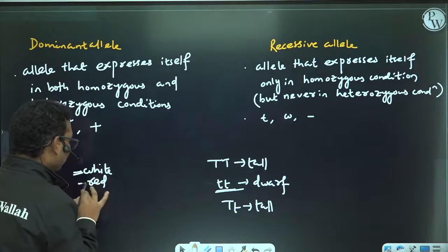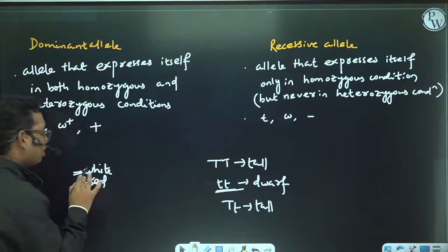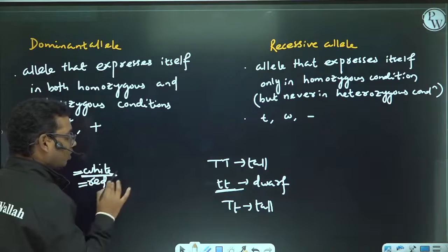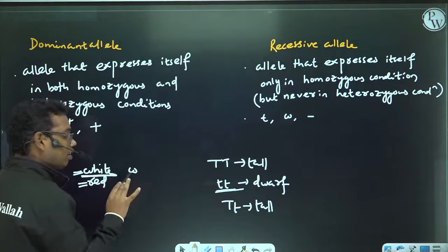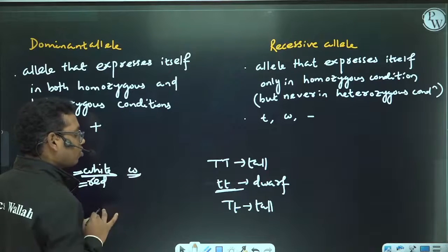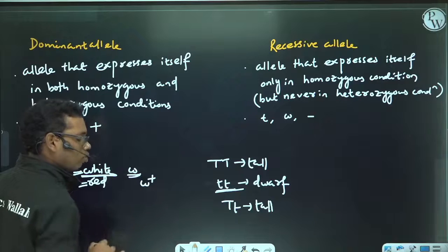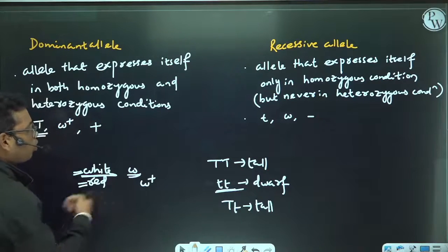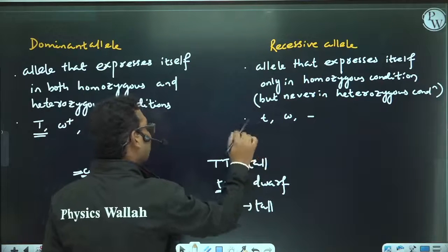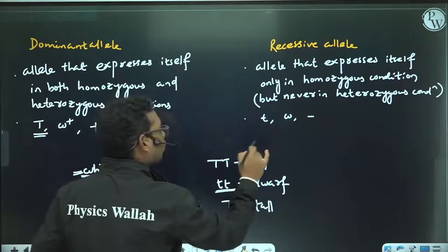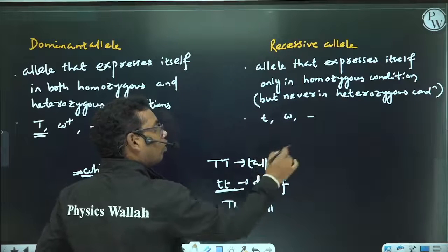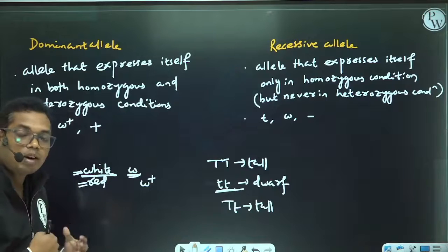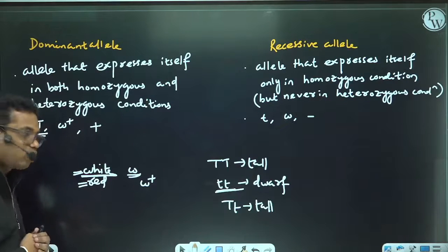White is recessive, red is dominant. So I take the first letter of the recessive one, W. If I write only w, that means it is recessive, and if I write w plus, that will be dominant, or I can write plus. For the recessive allele, I will take the small alphabet of the dominant phenotype, or only the small alphabet of the recessive phenotype, or minus. So these are the different ways to express dominant and recessive alleles.